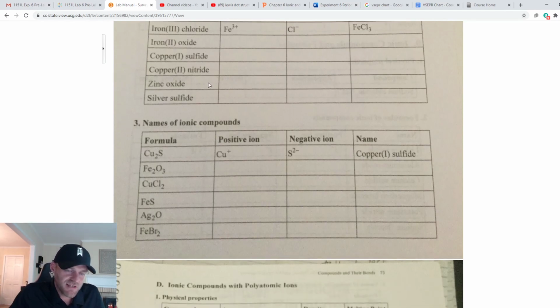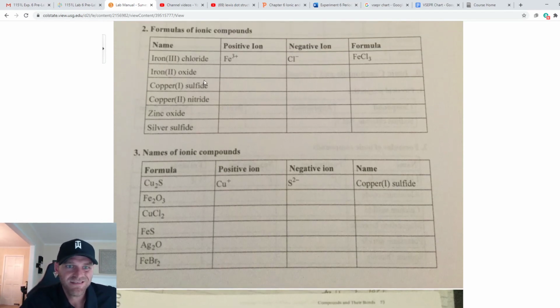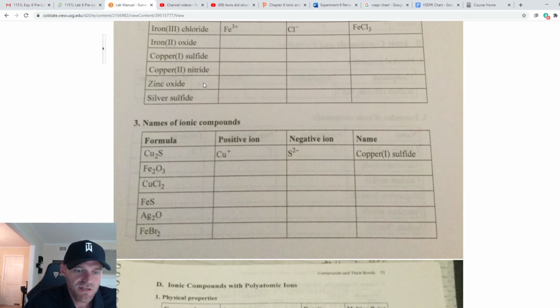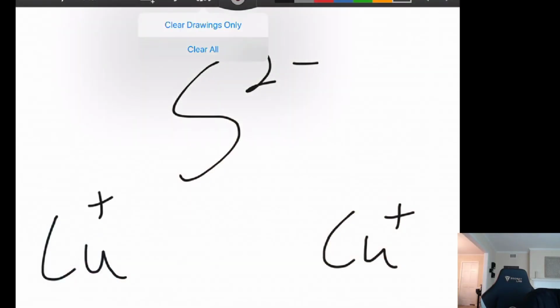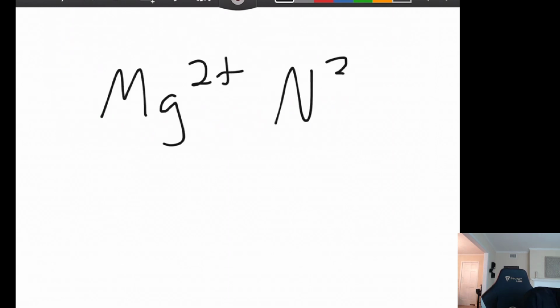What's another one I can do with nitrogen? Let me do the one that I did in my lecture. Say I want to combine Mg2 plus with N, which has a 3 minus charge, okay? And this is predictable. I know this because of the periodic table.